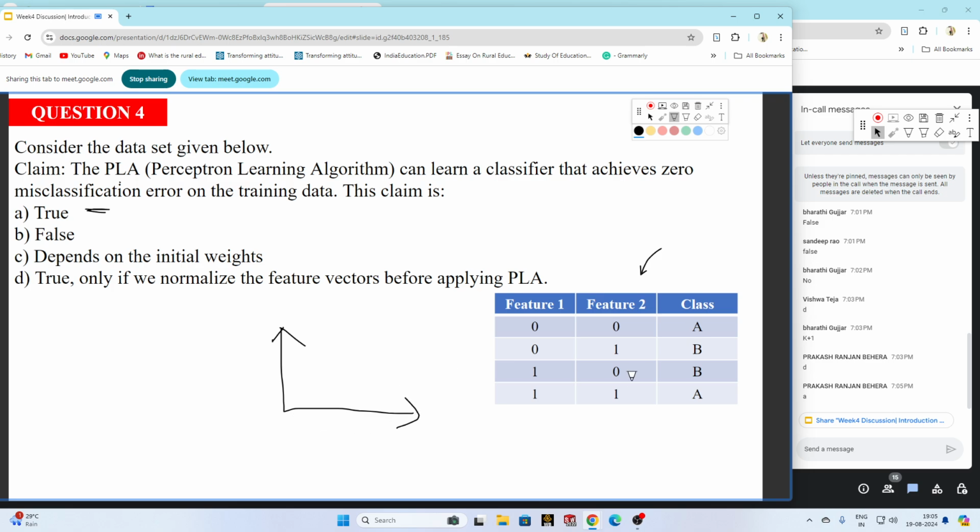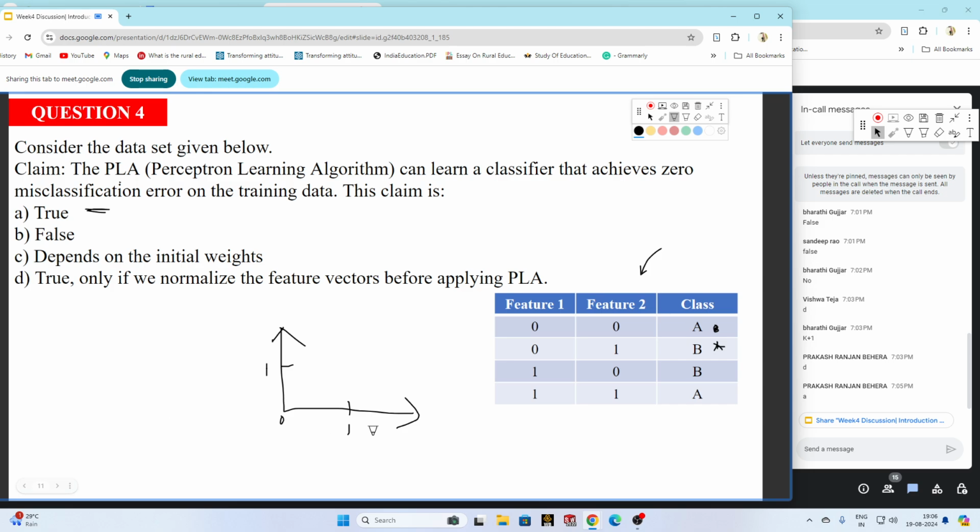So 0 0 will give A. Let's denote A with a circle, and let's denote B with a star. So 0 0 will be this point. Let me mark, this is 0, this is 1, this is 1, right? So 0 0 is this point.